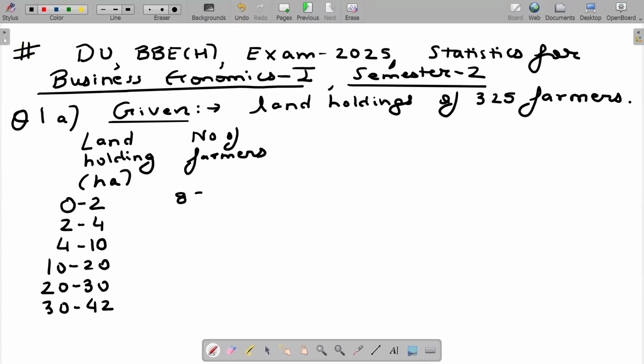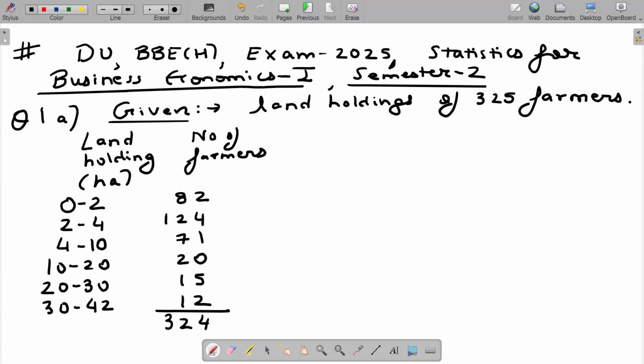The numbers of farmers are 82, 124, 71, 20, 15, and 12. Let's calculate the total number of farmers using a calculator. 82 plus 124 plus 71 plus 20 plus 15 plus 12 comes out as 324.